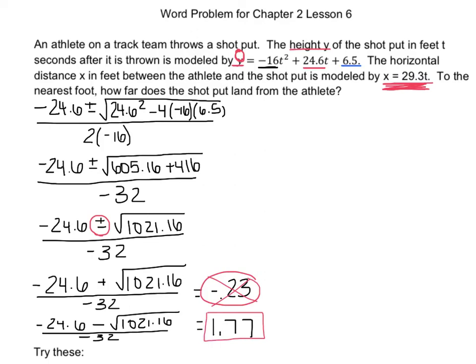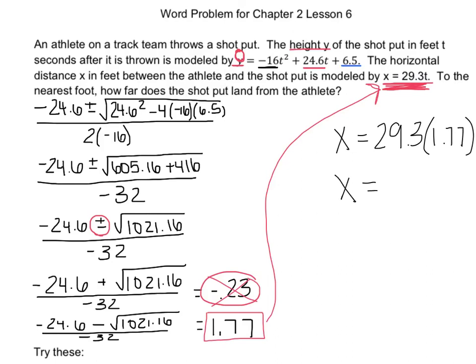So we need to take that and plug it into here to find the distance that the shot put is from the athlete. So we must do 29.3 times 1.77.